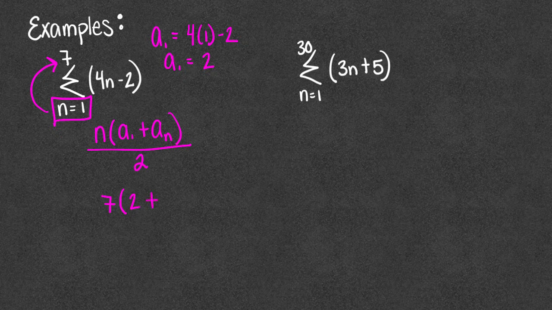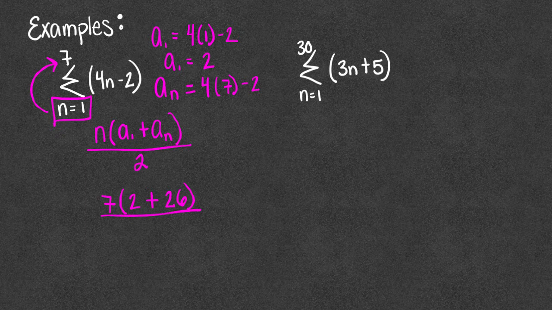Then I'm going to add that to the last term within my sequence. To get the last term, a sub n, I'm going to plug in 7 because that's where my sequence is stopping. 4 times 7 is 28, minus 2 is 26.